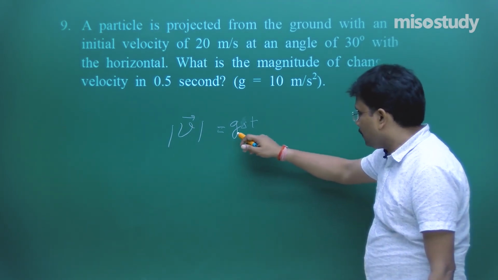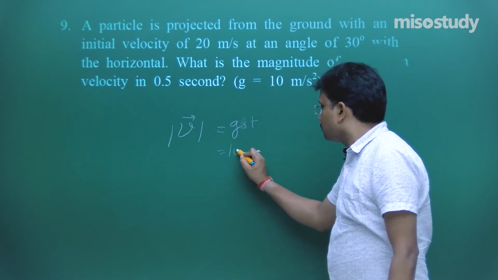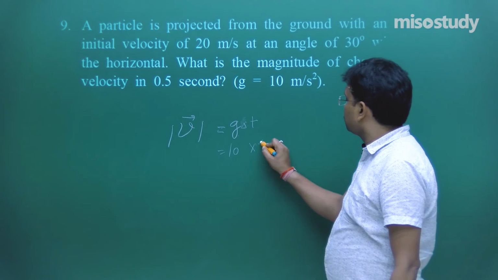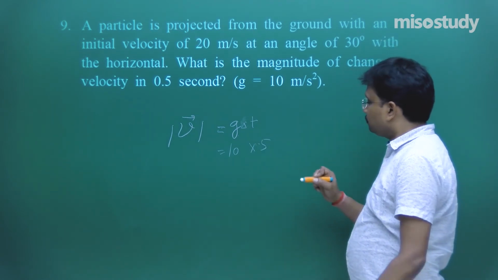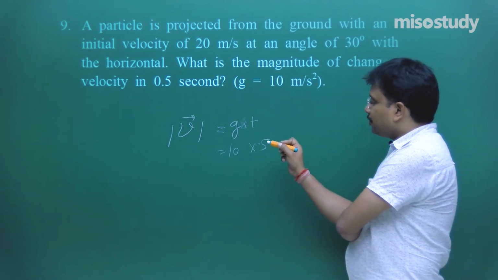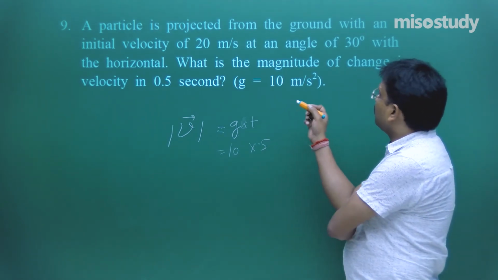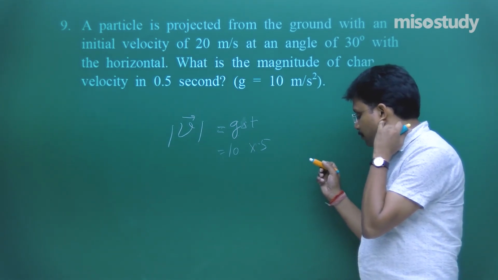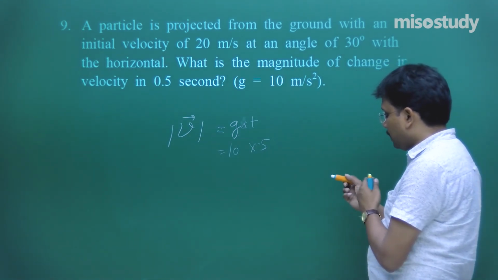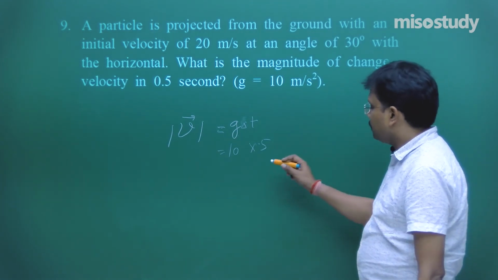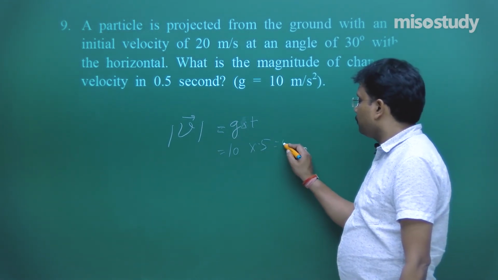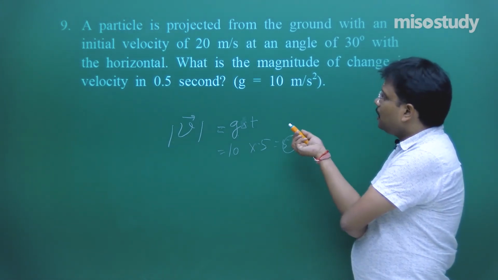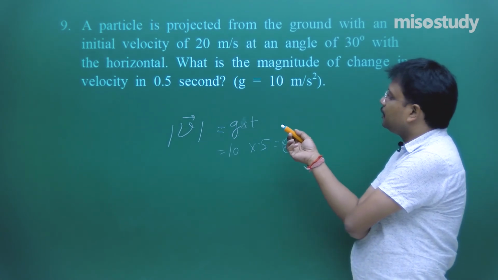Now, here put the value of g as 10 and the time period as 0.5 seconds. So, this is the value of the velocity. What is the magnitude of change of velocity in 0.5 second? When you want to find the result, you have to apply that formula. So, this is 10 into 0.5, that will give you 5. Now, what is the magnitude of change in velocity in 0.5 seconds?